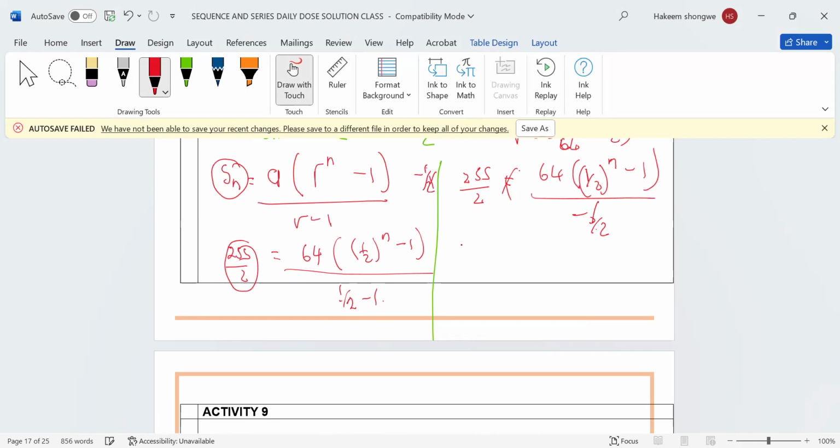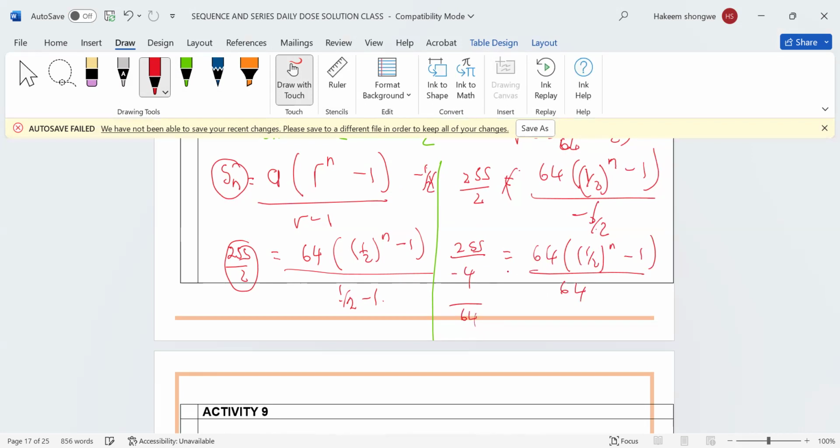Then if you multiply this, you should get 255 all over minus 4, which is going to be equal to 64 times 1 all over 2 to the power of n minus 1. You divide by 64 on both sides.